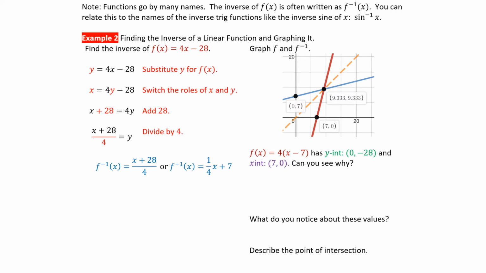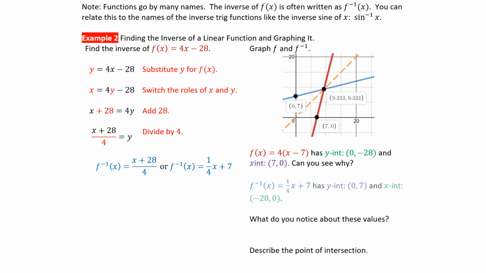Taking a look at some of the characteristics of the original function f, it has a y-intercept of (0, -28). We see that from its original form, that constant -28. And now, when we factor the 4 out but hold on to it as our amplitude and have x minus 7, it speaks to why there's this x-intercept of (7, 0).